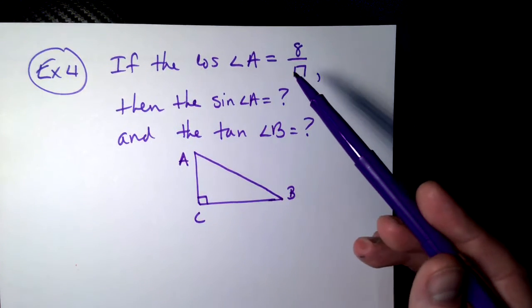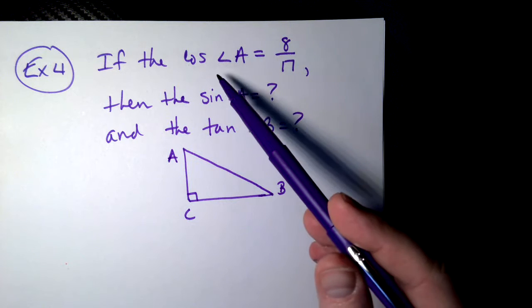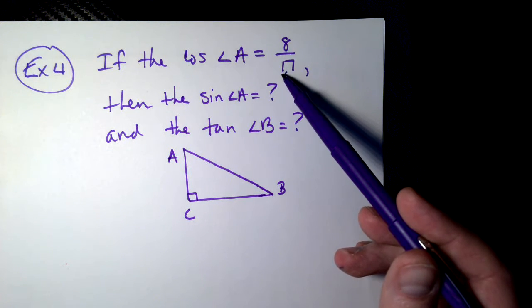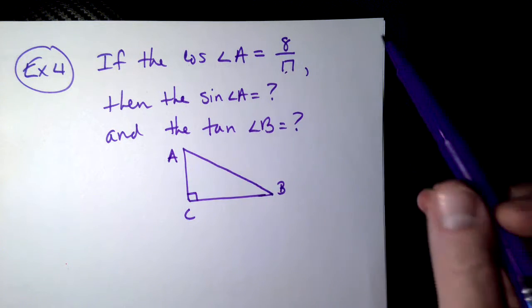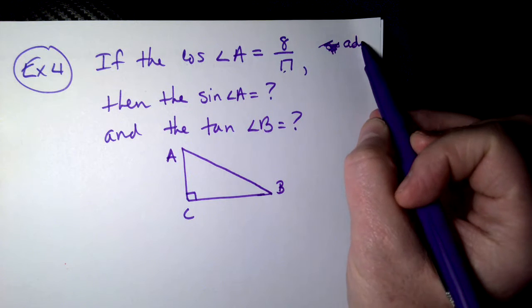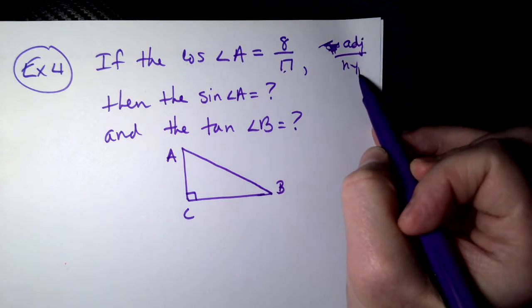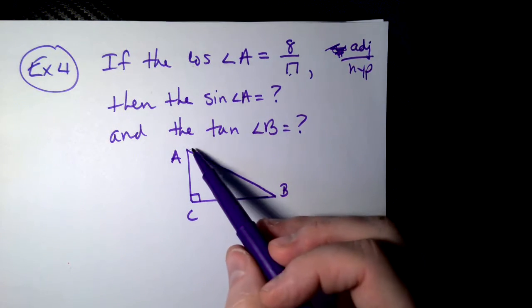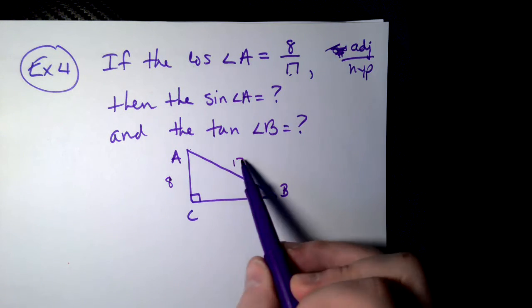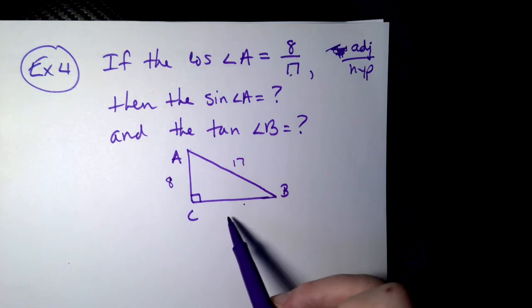The only thing we know is that the cosine of angle A is 8 over 17. Cosine is adjacent over hypotenuse. Here's angle A. Adjacent is the 8. Hypotenuse is 17. Oh, it's a common right triangle: 8, 15, 17.